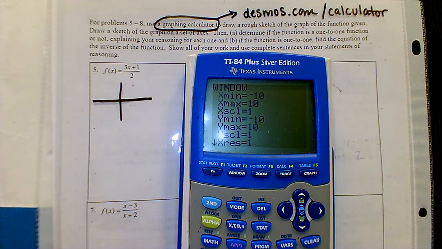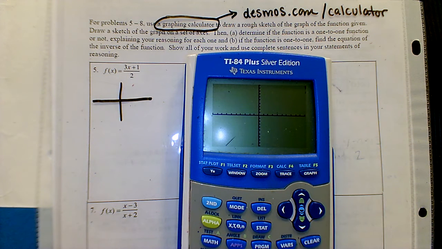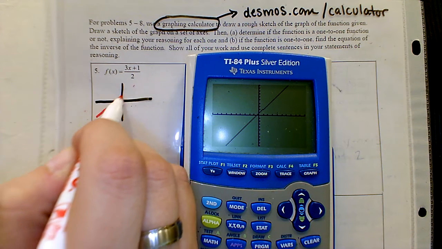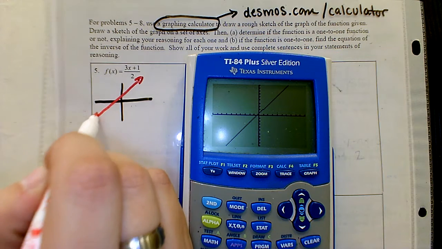This is just my personal starting point, and if that doesn't work well, you can always go back and change it. So let's change our window to those tens. With the equation in and the window set, you can go ahead and hit graph. Just copy down a rough sketch of what's on your screen.